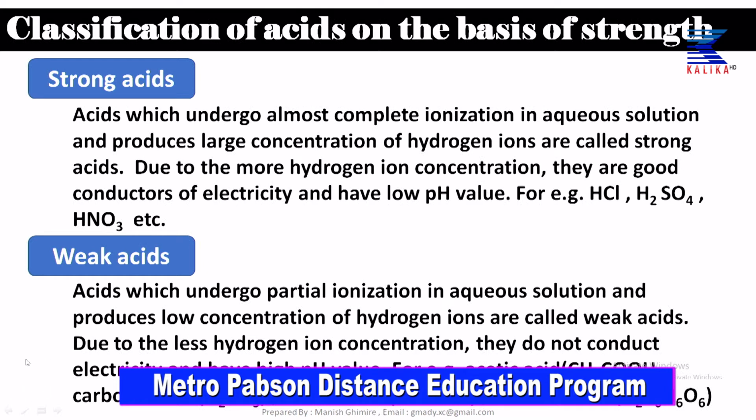Due to the more hydrogen ion concentration, they are good conductors of electricity and have low pH value. For example, HCl means hydrochloric acid, H2SO4 means sulfuric acid, and HNO3 means, of course, nitric acid.